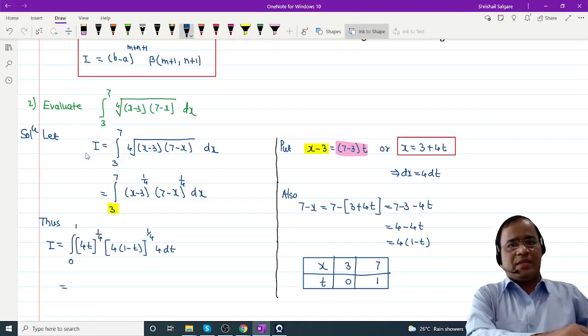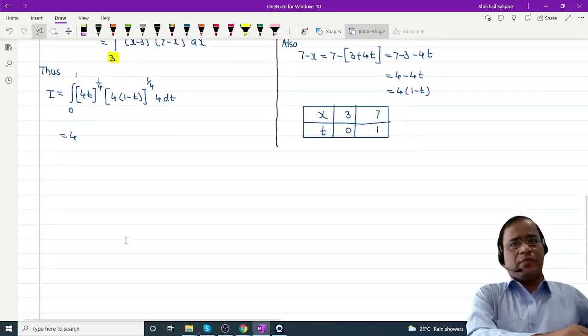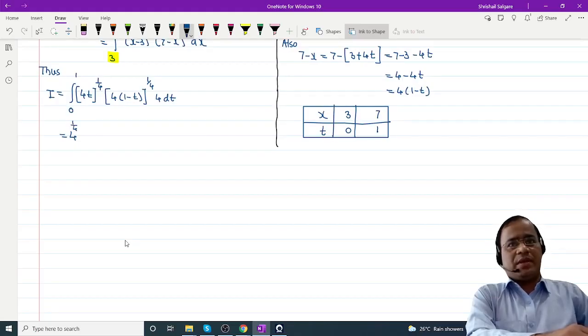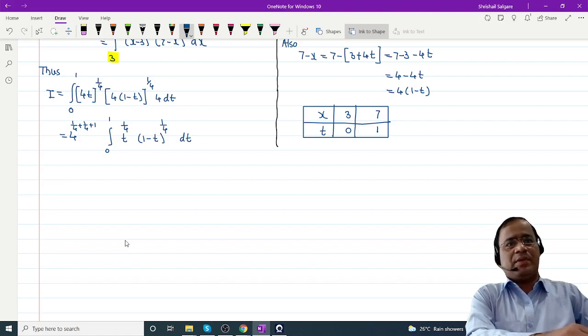Now from this I will take 4 as a common. What are the powers? 4 raised to 1 by 4 plus 1 by 4 plus 1, into remaining integral 0 to 1, t raised to 1 by 4 into 1 minus t raised to 1 by 4, both coming as 1 by 4 only.